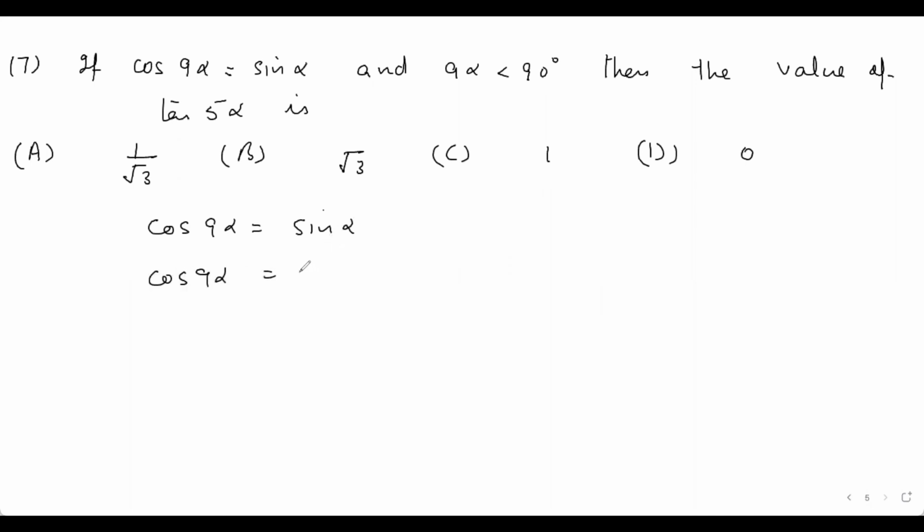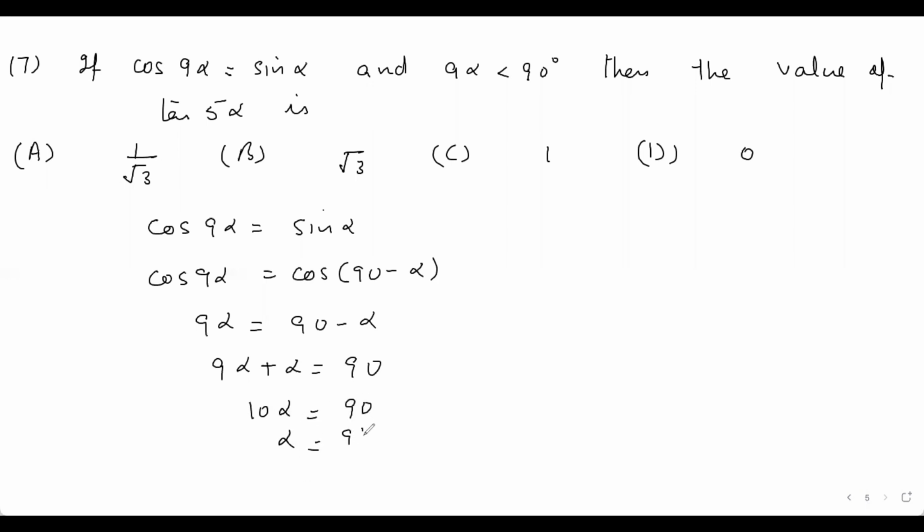Sin alpha can be written as cos(90 minus alpha), because we know cos(90 minus alpha) is sin alpha. So 9 alpha is equal to 90 minus alpha. So 9 alpha plus alpha is equal to 90. 10 alpha is equal to 90. Alpha is equal to 90 by 10, which is 9. So the value of alpha is equal to 9.